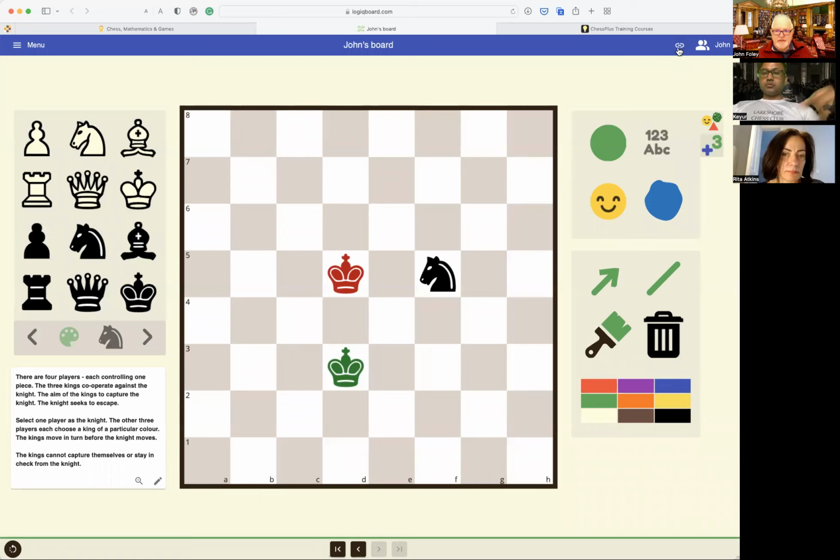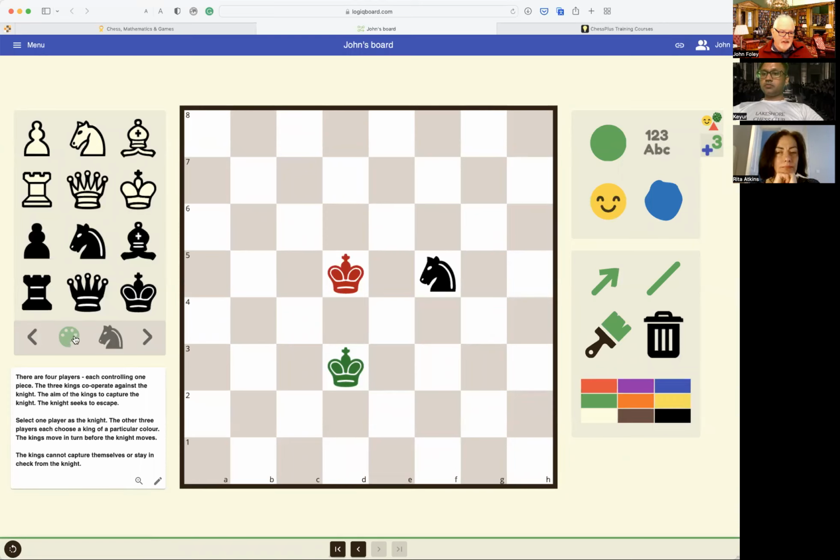So this enables you to play against other people. Most of these games are two-sided games, but each side could be a pair of people, for example. But this is one of the rare games where it's potentially a multiplayer game. Okay, this is why the kings are in different colors.